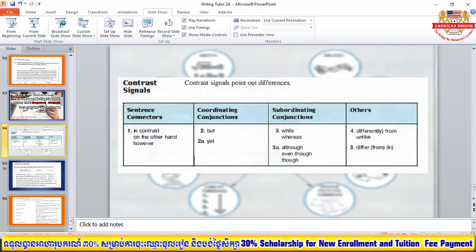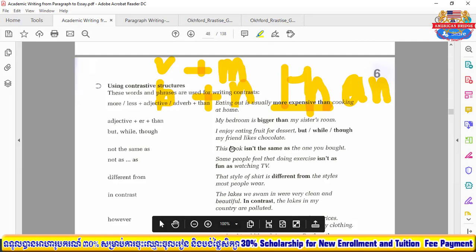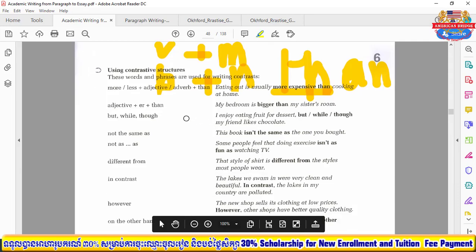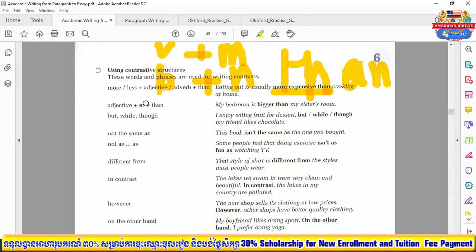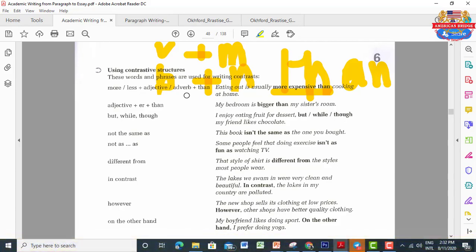Okay. So without further ado, teacher would like you to look back at our lesson here, using the comparative structure. So the words more, less, plus adjective or adverb, and then plus than to compare.